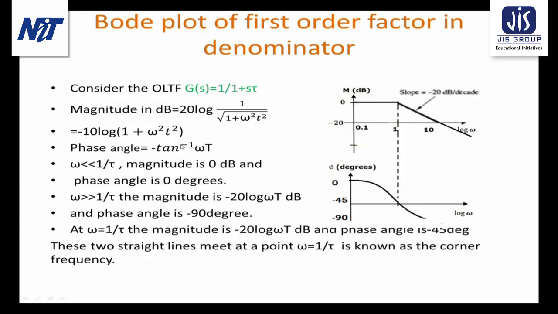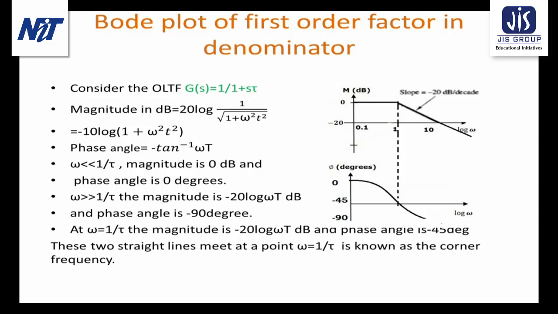So now consider the cases. First, consider when omega t is less than 1. That means omega is less than 1 by tau. So here it is the low frequency portion. Then omega t is assumed to be negligible, and the magnitude becomes 0 dB.